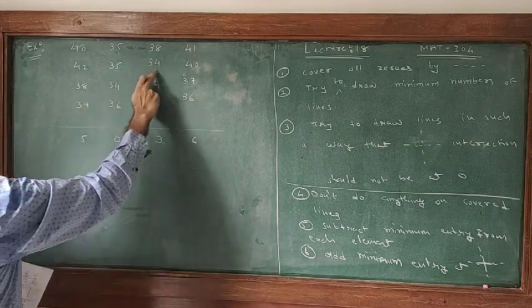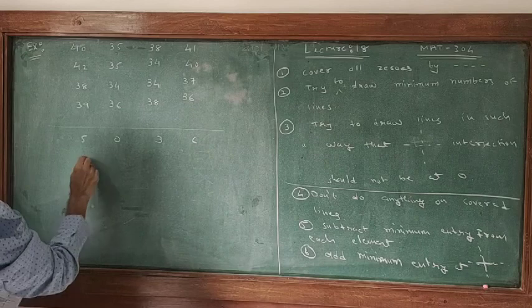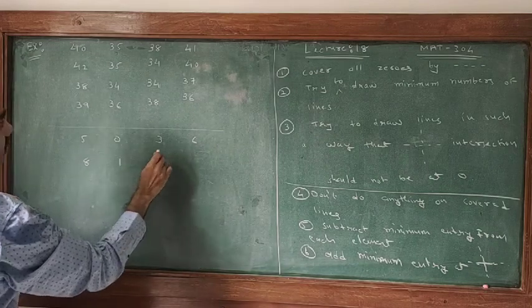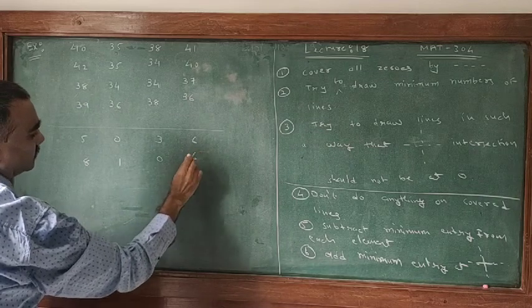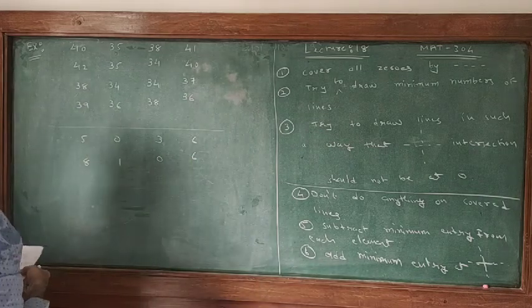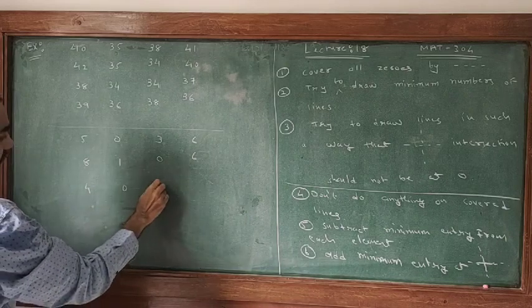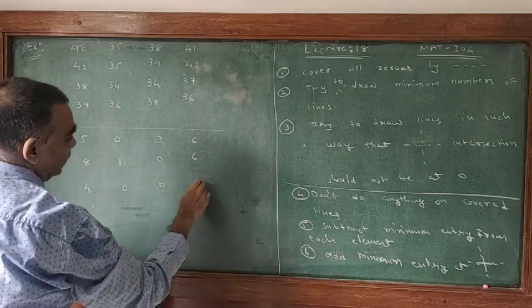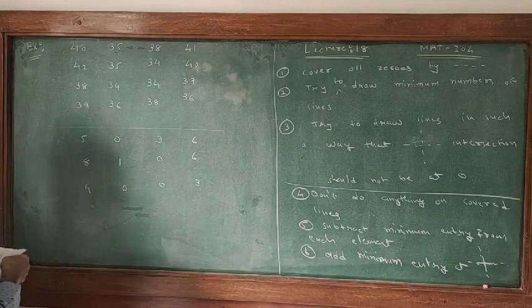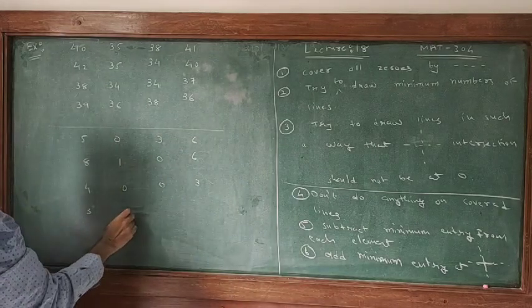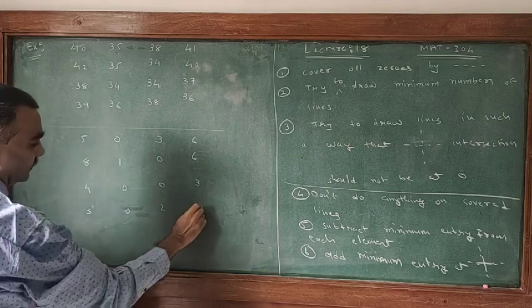Then again 34 is minimum, so 8, 1, 0, 6. Then 34 is minimum, means it is 4, 0, 0 and 3. Then we select 36 as minimum, means it is 3, 0, 2 and 0.